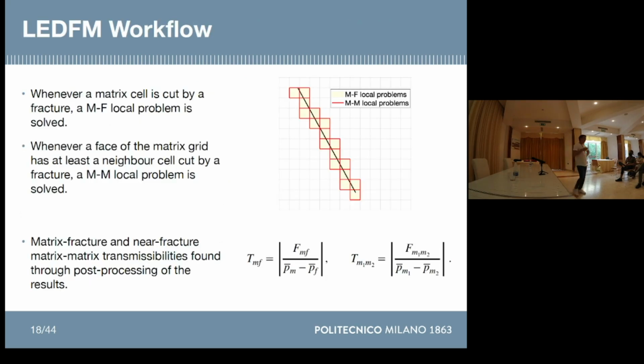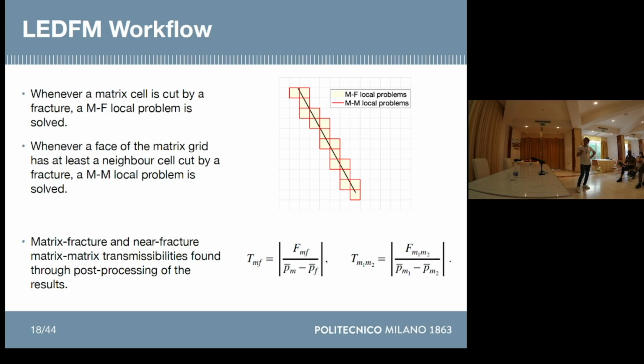So the workflow of the method is as follows. When we have to solve these local problems, whenever a matrix cell is cut by a fracture, we solve a matrix fracture local problem. Whenever a face of the matrix grid, the red one, has at least a neighbor cell cut by a fracture, then a matrix local problem is solved.